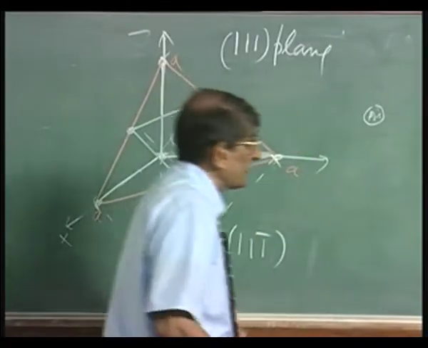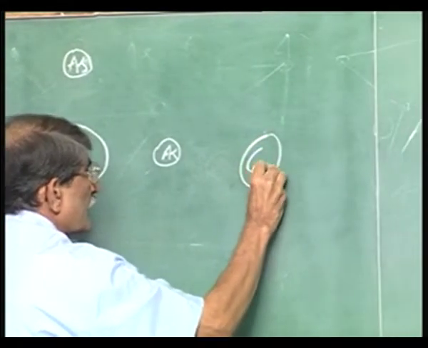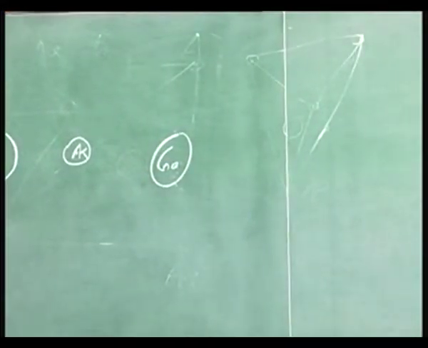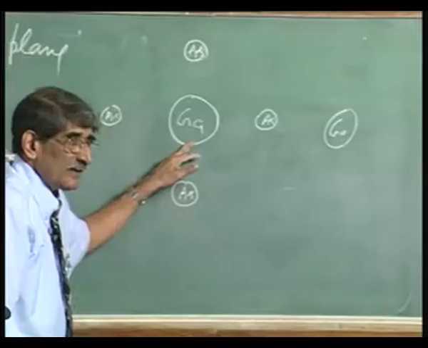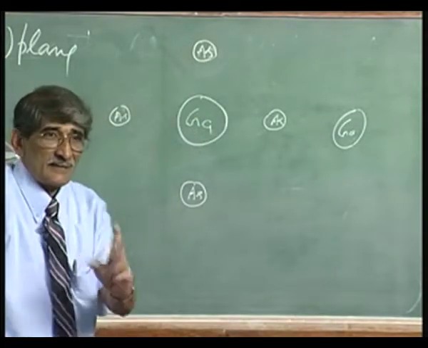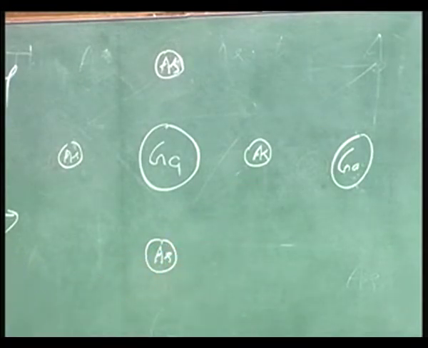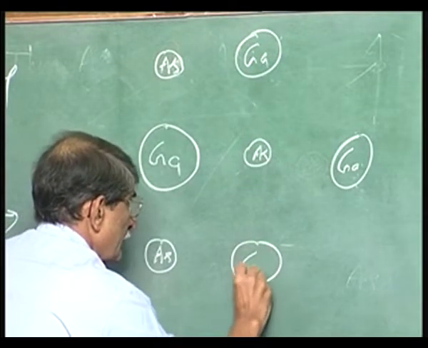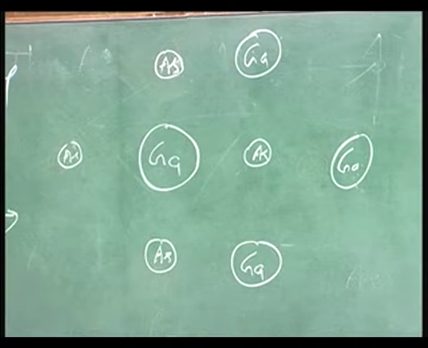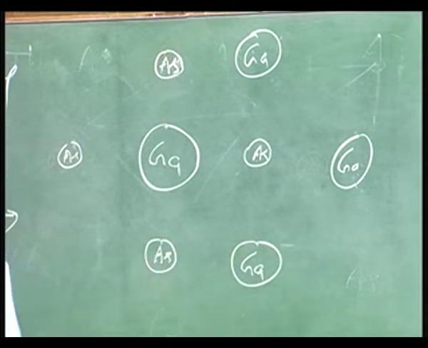If you move away, you will see again gallium, gallium, arsenic, gallium. And here this gallium has 4 neighbors which are arsenic. This arsenic has 4 neighbors which are gallium. So, that is the complete picture. That is a 2-dimensional picture, which is simple to see.